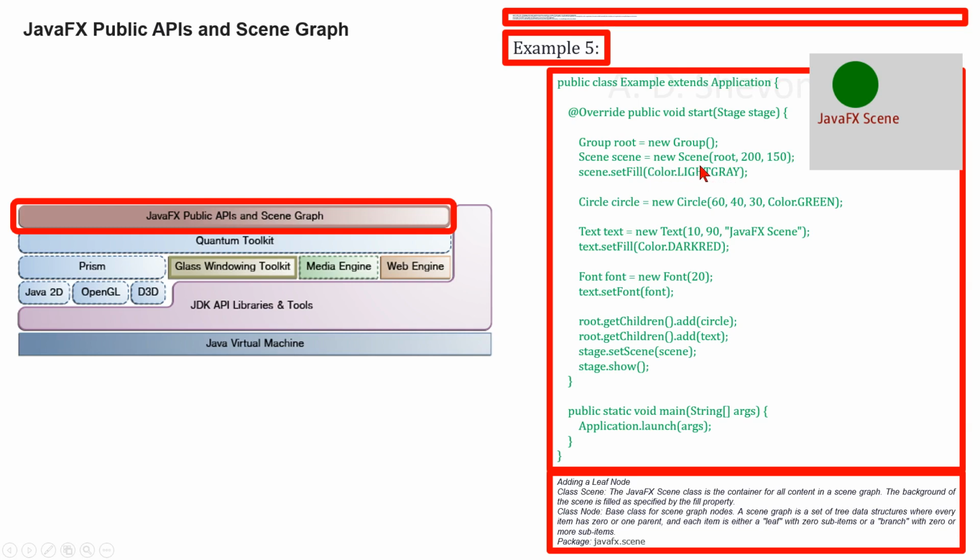The class Node is the base class for scene graph nodes.